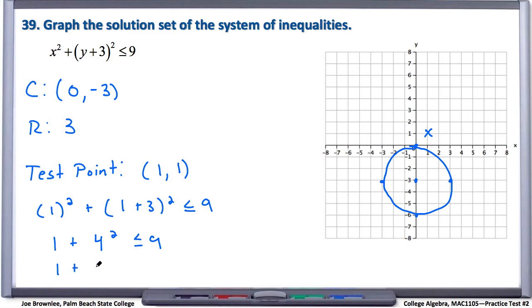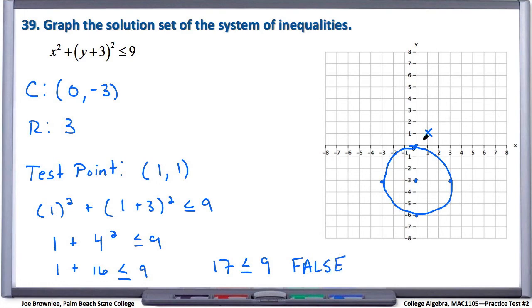And we have 1 plus 4 squared is 16, less than or equal to 9. And 1 plus 16 is 17, less than or equal to 9. So we have to ask ourselves, is this a true statement? Is 17 less than or equal to 9? No, that's false, right? That's not true.